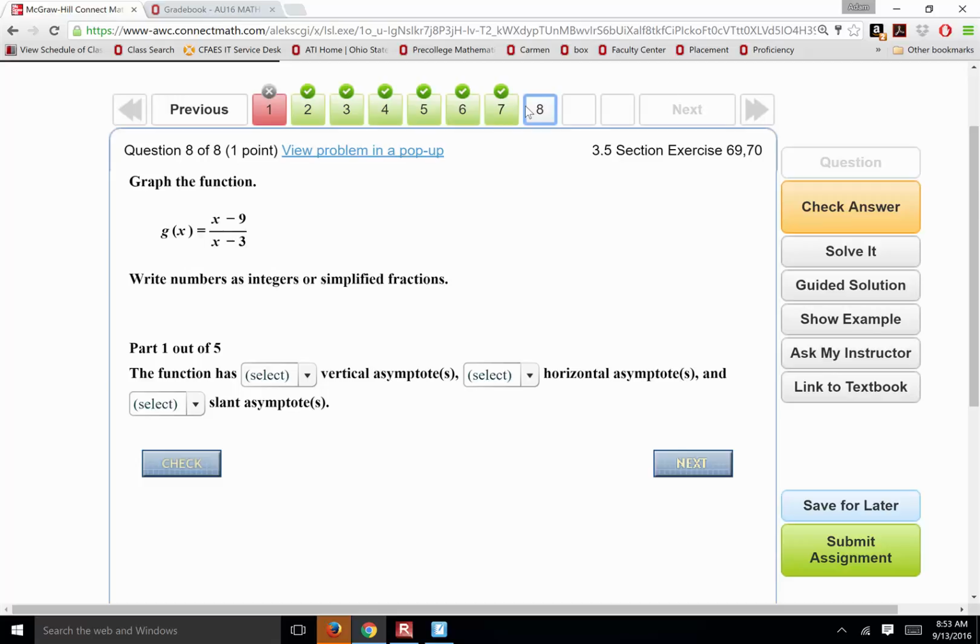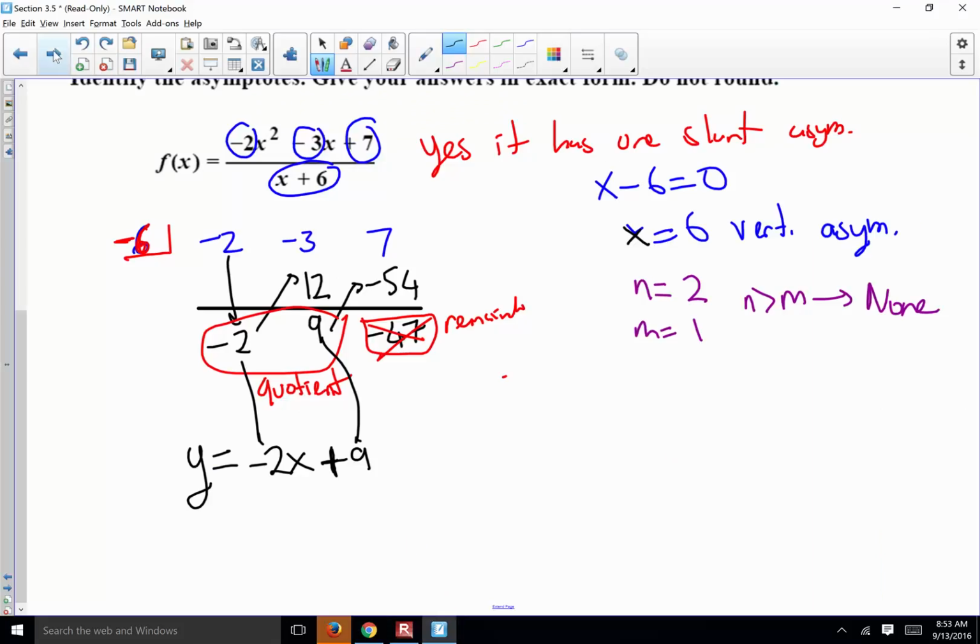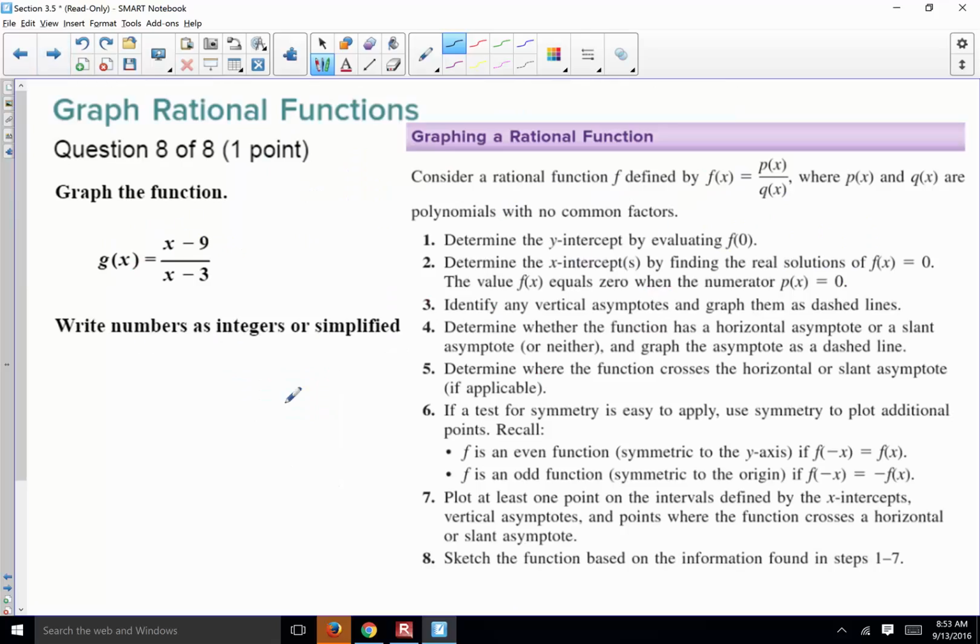And we also learn graphing techniques. So it's going to take a while, so we're not going to start it today. We're going to do it tomorrow. It's basically following 8 steps. In each step, we are repeating what we've done today and in the past. So it's kind of a good review.